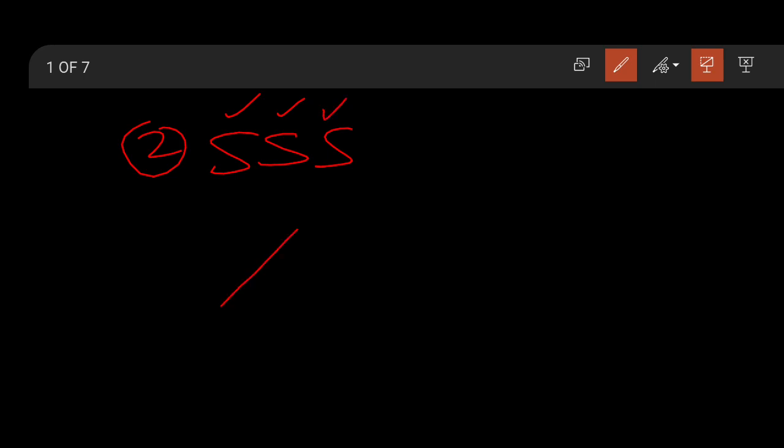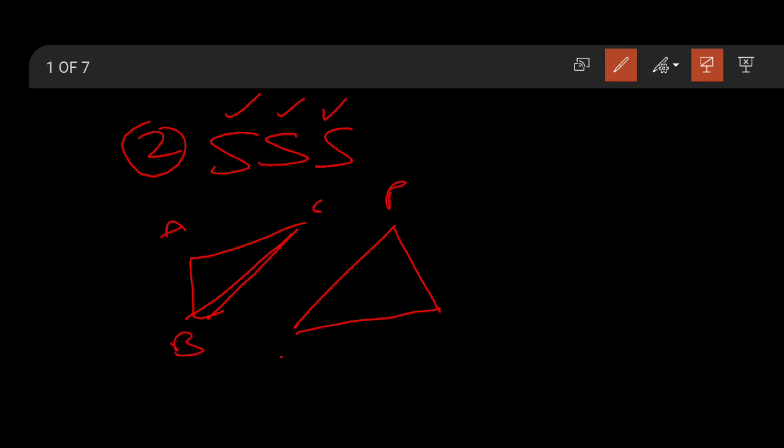Again, the next test we studied was the SSS test, means side side side test. Here in these two triangles, the names are again ABC and PQR.